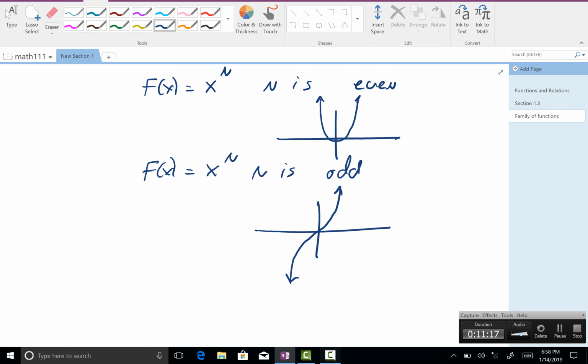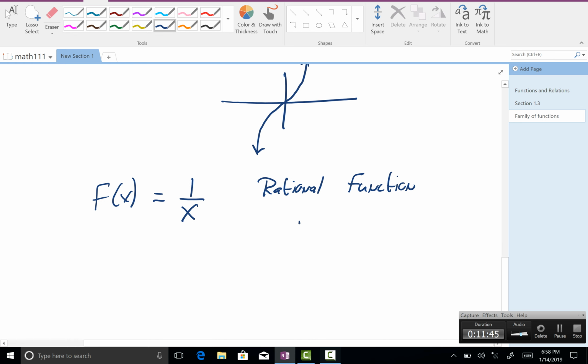This one. In the book, they call this a reciprocal function. But it's really just a rational. It's just a really simple rational function. Okay? And it's going to look like this.